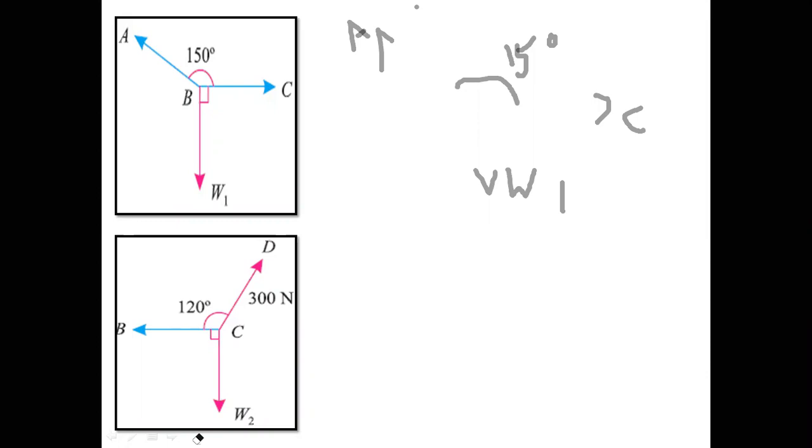There is also one more force acting at 120 degrees from C to B. The key point in the problem is that the force BC is horizontal. After writing the free body diagram, we can solve the problem using equations like this.